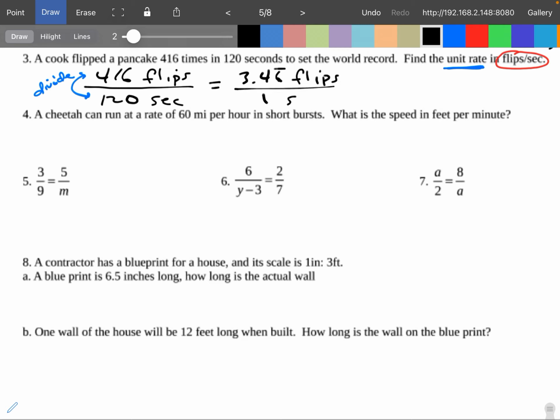Yeah. 3.46 flips, and that will be over 1 second, right? So you get 3.46 repeating over 1. All right, maybe I'll just round it off then. So it's approximately 3.5 flips per second.